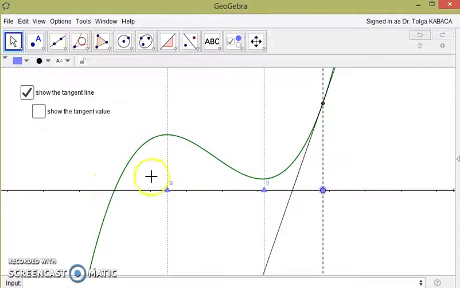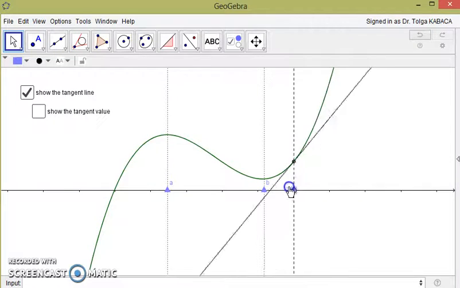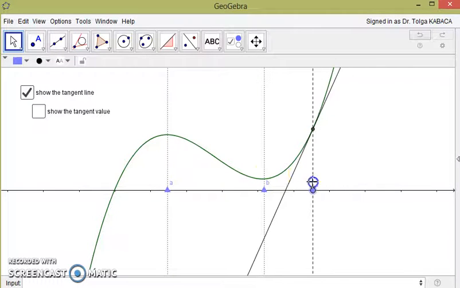For example, from minus infinity to a, the function is increasing. It is also increasing from b to infinity, but from b to infinity the curve of the function is concave up, while from minus infinity to a, the curve is concave down.